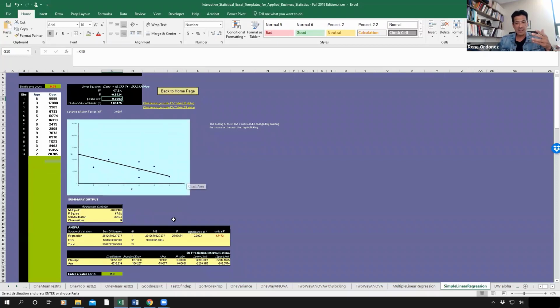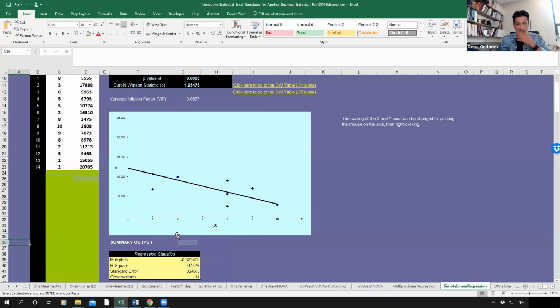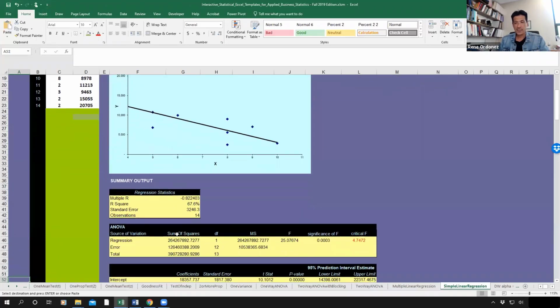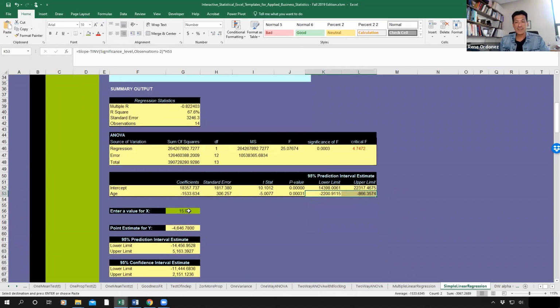Down here, make this bigger, we have the ANOVA output, which is similar to what the Excel output had. All right, so look at these numbers here. The interval estimate of the true slope. So down here we can input the value of X. So Doug's car is 10 years old.